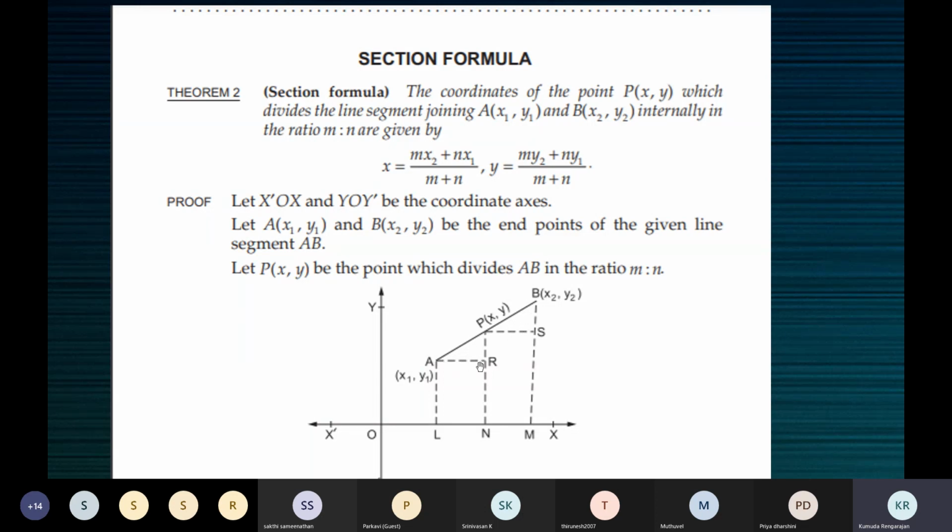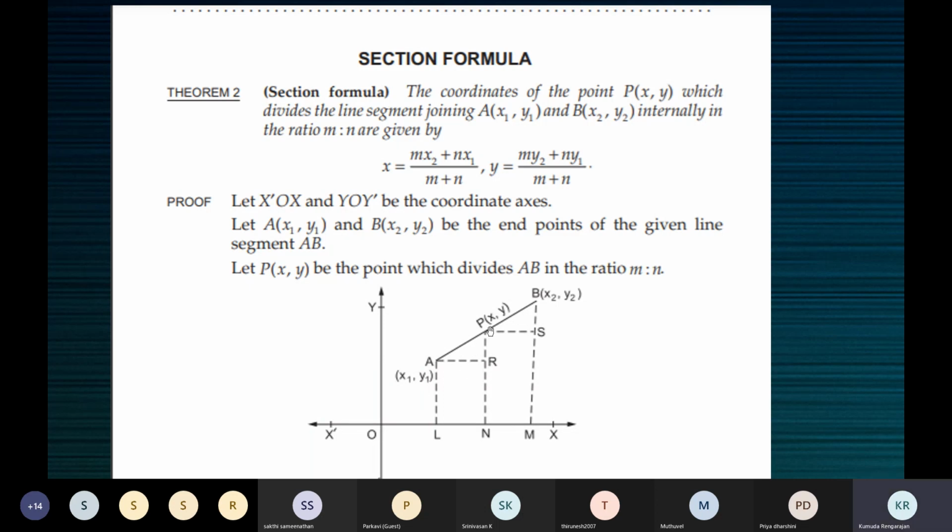Triangle ARP is similar to PSB, so AR by PS will be equal to RP by SB will be equal to AP by PB. That is, AR of this triangle by PS of this triangle will be equal to RP of this triangle by SB of this triangle will be equal to AP of this triangle by PB of this triangle.